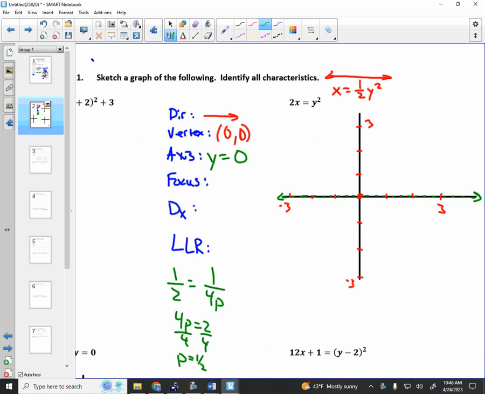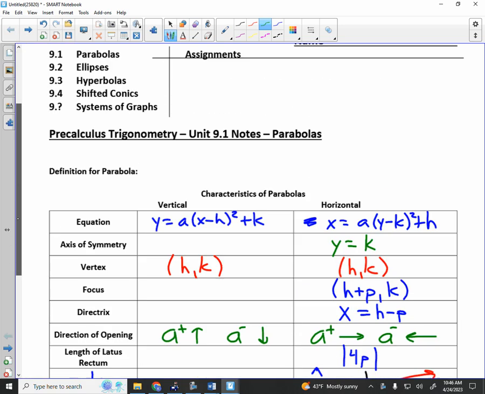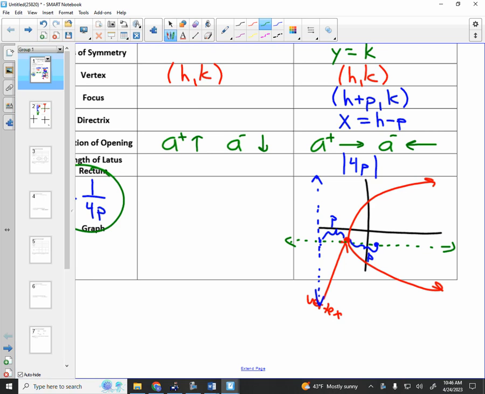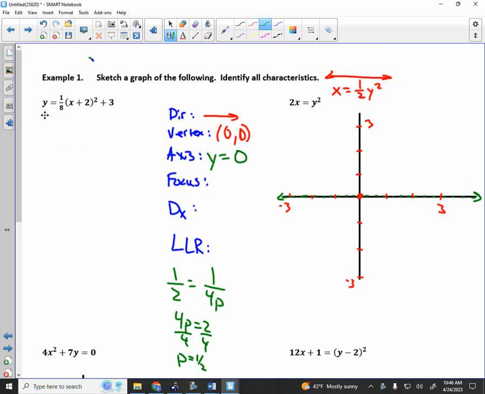The equation that we talked about on Friday and also today: A is equal to 1/4P. A is the value in front of the x squared or the y squared. So here the A value is 1/8, here the value is 1/2. So you always set that equal to 1/4P.